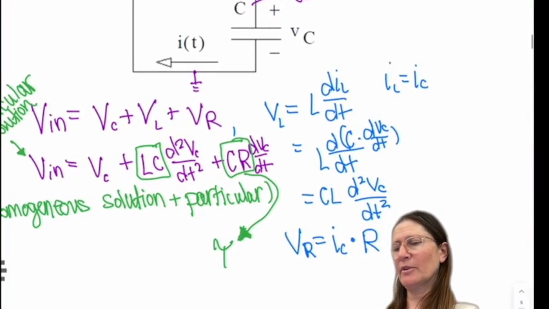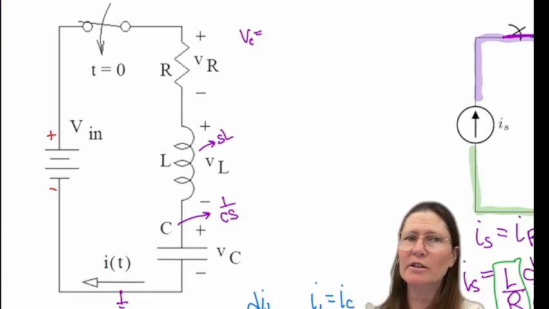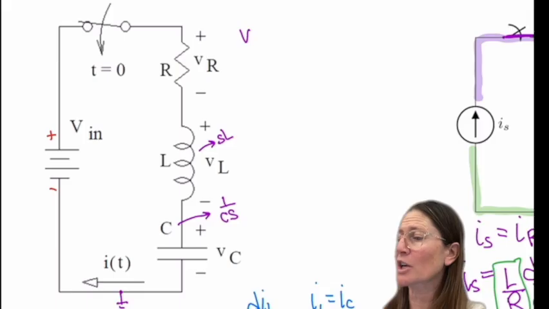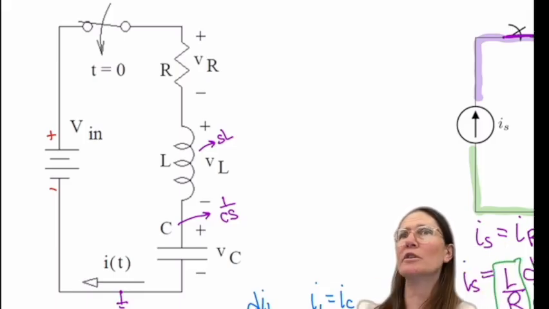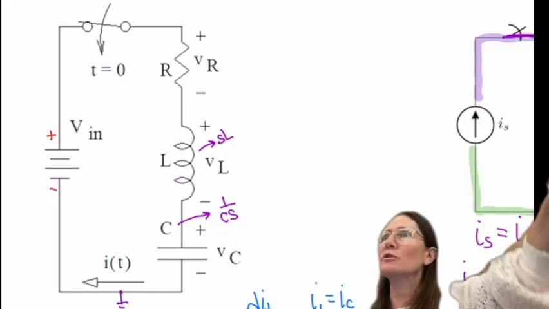And let's see, this was solved for VC. If we were trying to find VC here, it would be a voltage divider. Or we could find the current and then take I times R. So same techniques we've used before if these were all resistors.